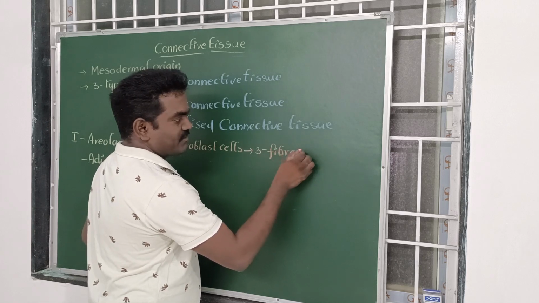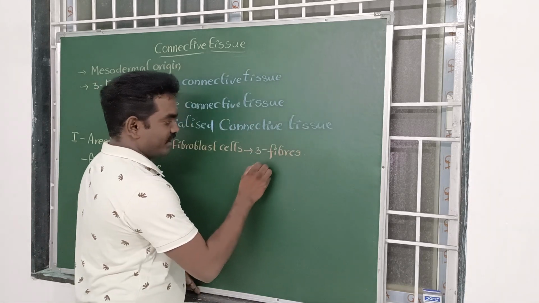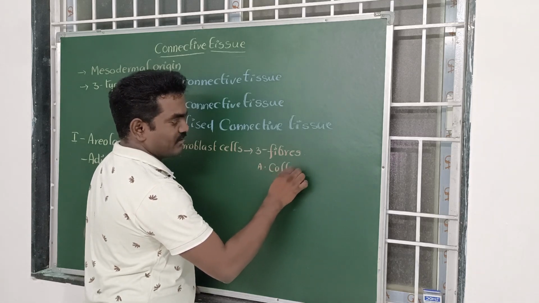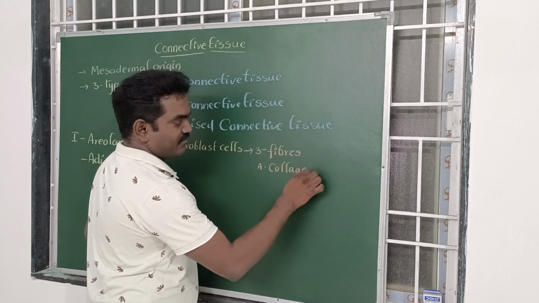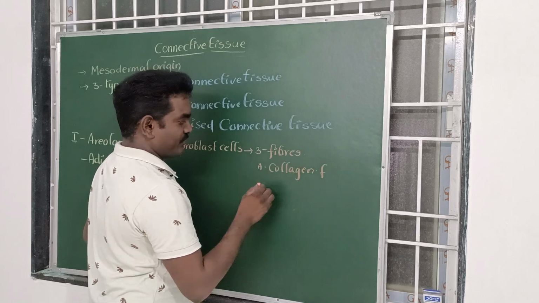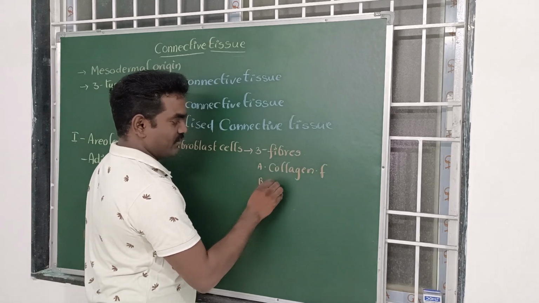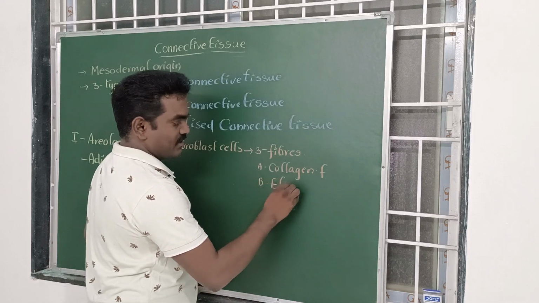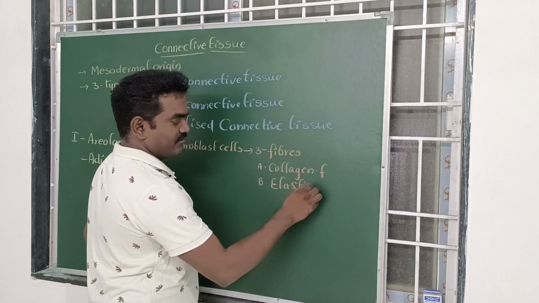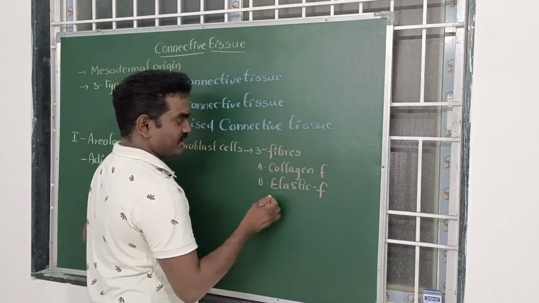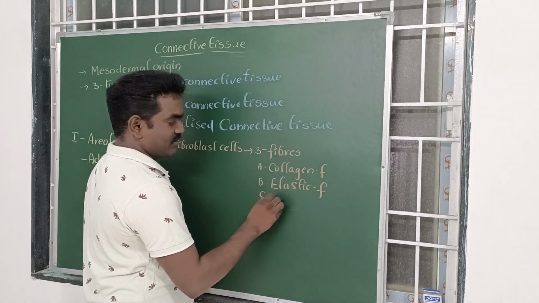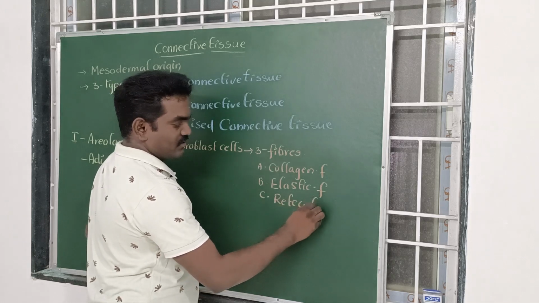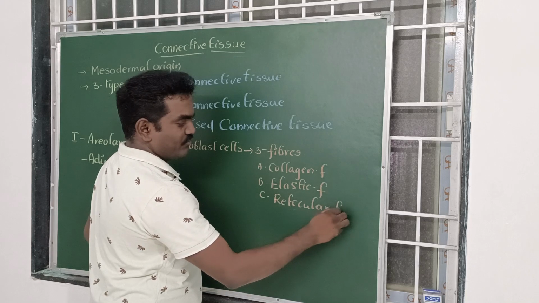These fibroblast cells release three types of fibers. What are these three types of fibers? Namely, collagen fibers, second, elastic fibers, and third, reticular fibers.